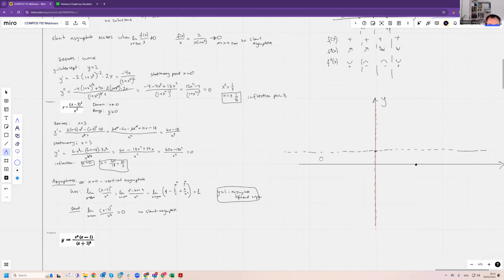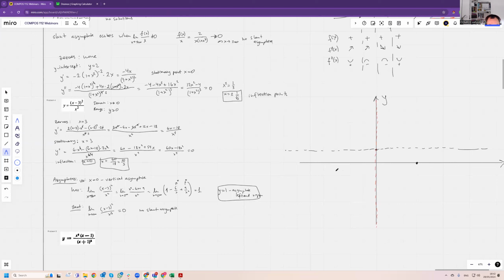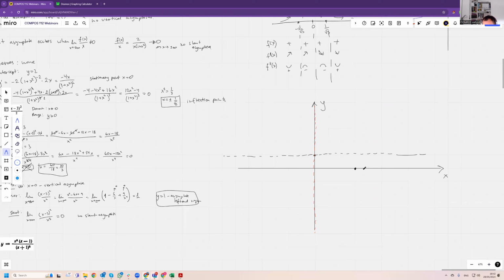And inflection: x equals 0 was an inflection point, but 0 is not in the domain, so that's not an inflection point. Apologies. 10/3 is an inflection point, at about 3.3.